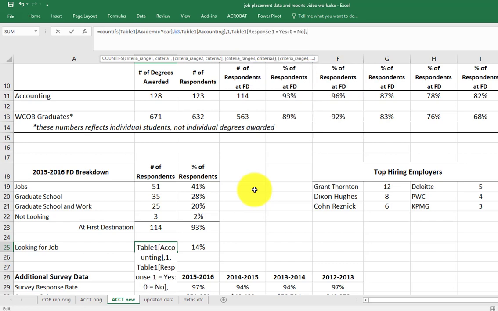Okay, the response is 1, and that they're looking for, that they're not at their first destination looking for a job. So we'll use that first destination is 0. Okay. Certainly other ways to potentially build this.